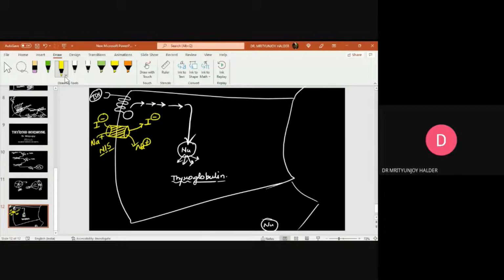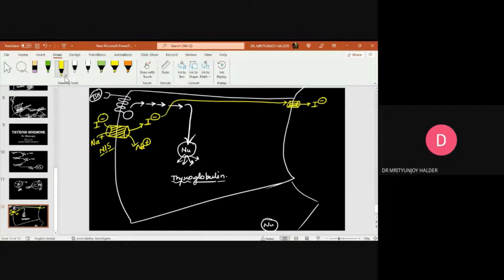Now iodine is within the thyrocyte. This iodine will go to the opposite side. Here in the opposite side, one specific transporter is there that is called pendrin, and through the pendrin, now the iodide molecule comes outside.